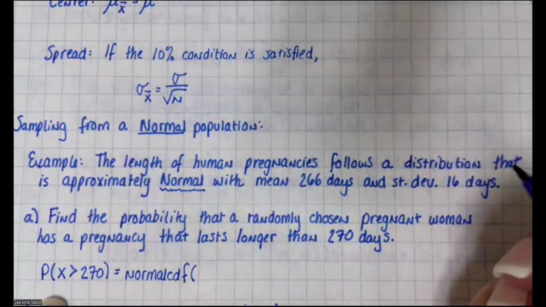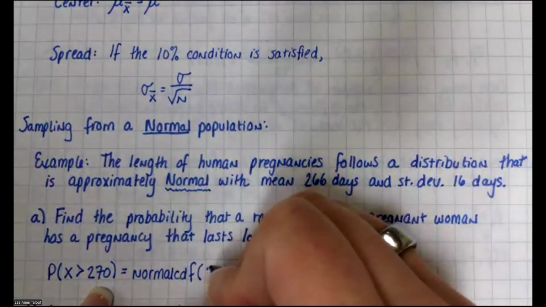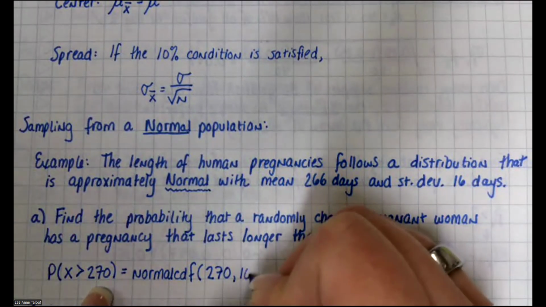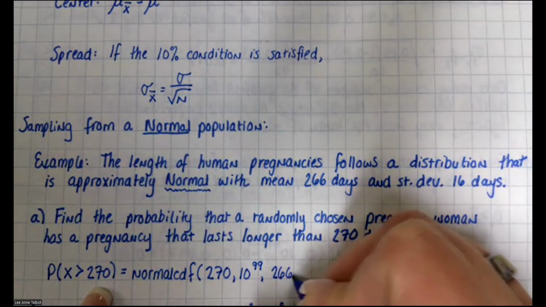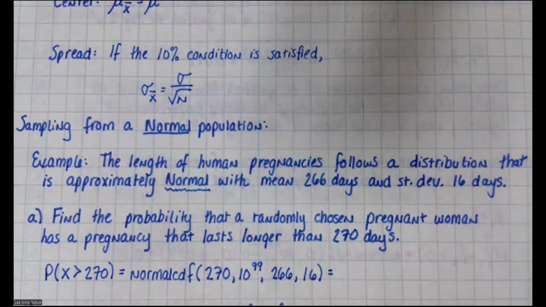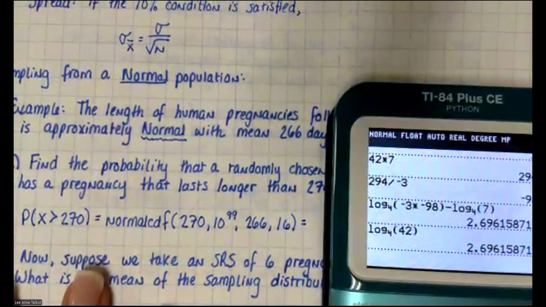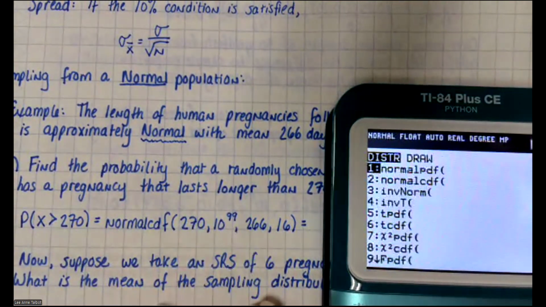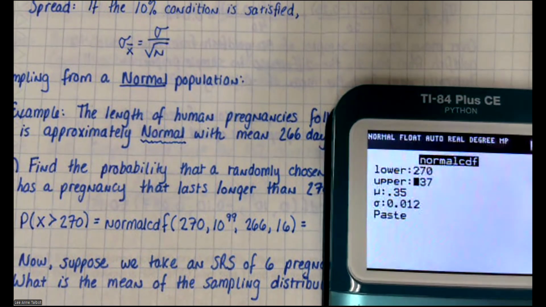Okay, what do we do when it's greater than? Okay, take a minute, make sure you know where normal CDF is in the calculator, because if you ask me during the test, that's going to be really awkward for you.